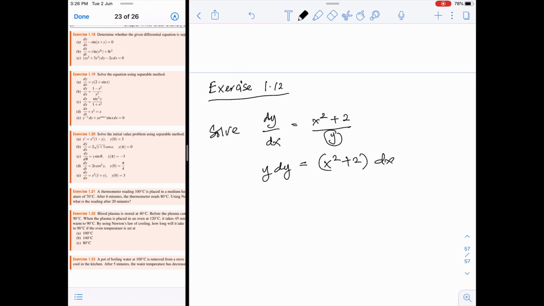To solve this, you need to take the integration of both sides.